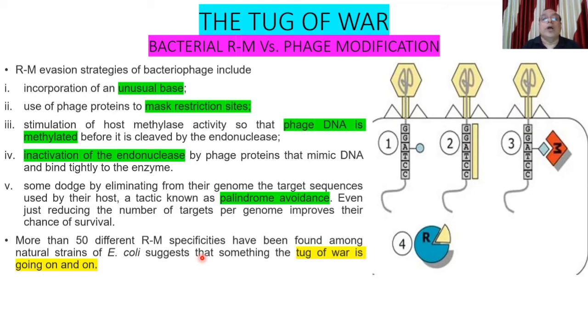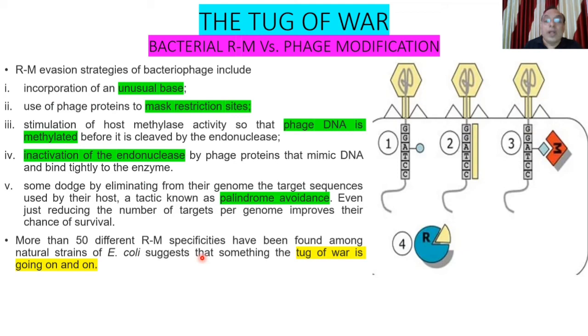That is, both the virus, the bacteriophage, and the bacterium, they are having a tug of war as far as the avoidance and targeting by restriction is concerned. That is why multiplicity of modification systems have evolved, and restriction systems are also evolving. So the tug of war between the bacteriophage and the bacterium continues, and the process of evolution goes on.